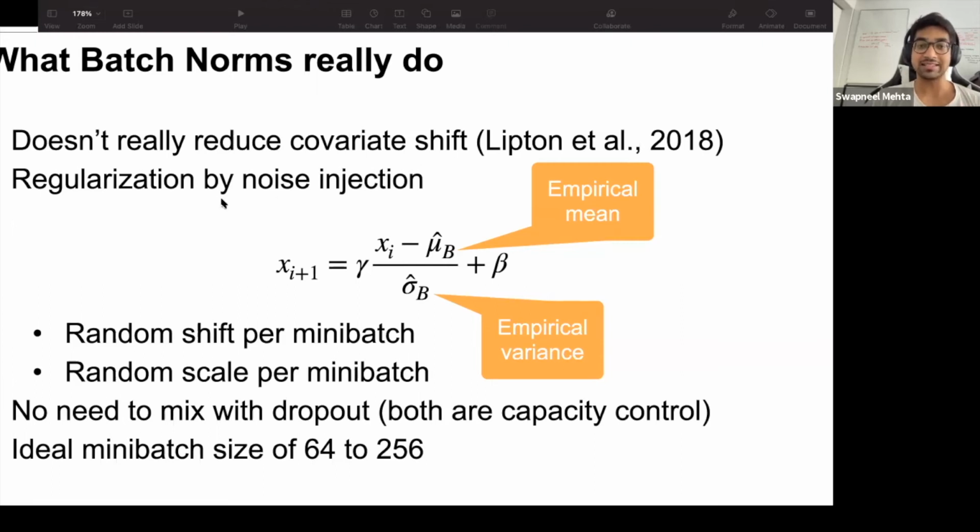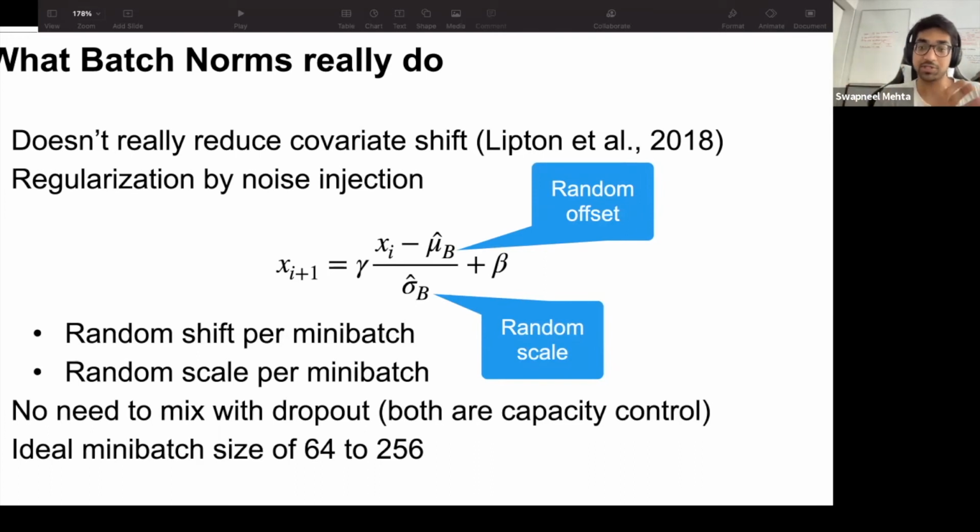And so they realized that this doesn't really address that problem. Instead, what batch norm is doing is you're adding some noise per batch. And on average, because of this noise addition, you are adding some randomness. And so it is doing something similar to dropout, where you're saying, I'm going to drop out stuff at random so that I don't overfit on my training data. So that seemed to be what batch norm ended up doing.